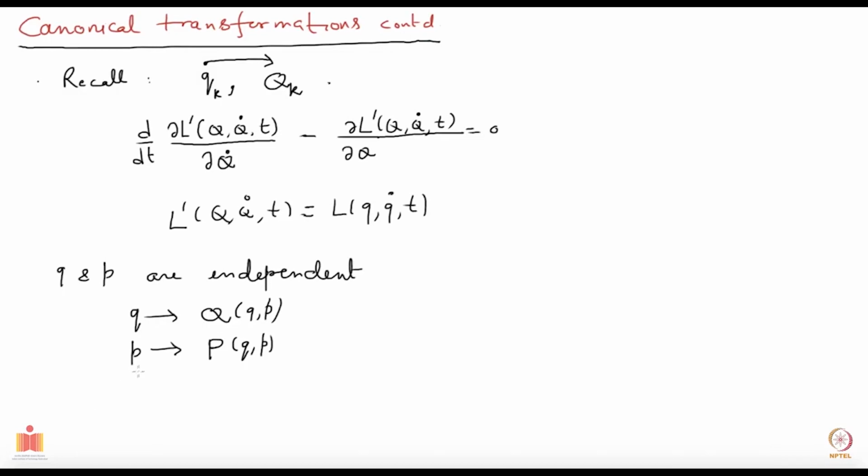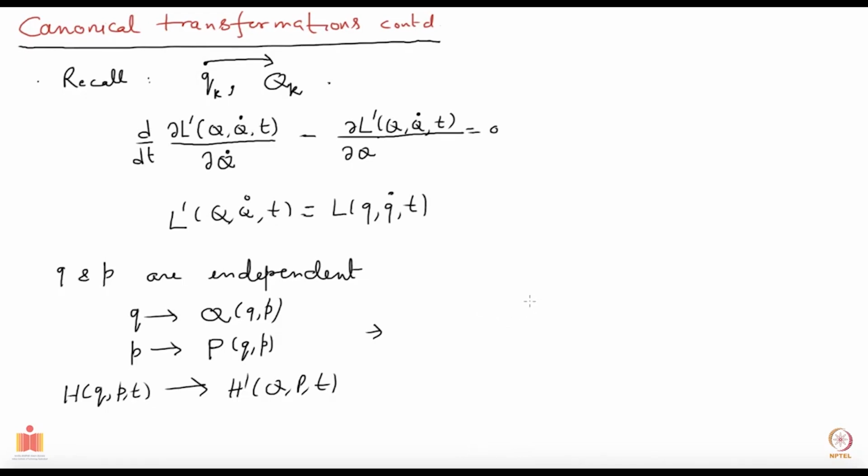What I'm saying is, under this transformation from small q to capital Q and small p to capital P, my H will go to some H prime, which will be a function of capital Q, capital P and t, and it is not guaranteed that the following will hold true.